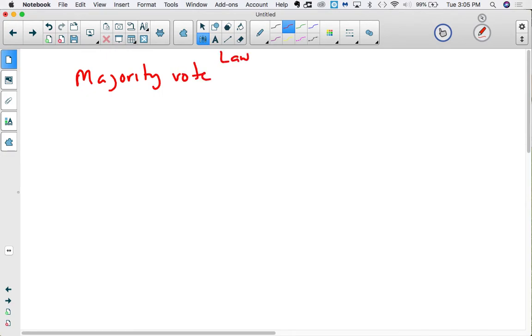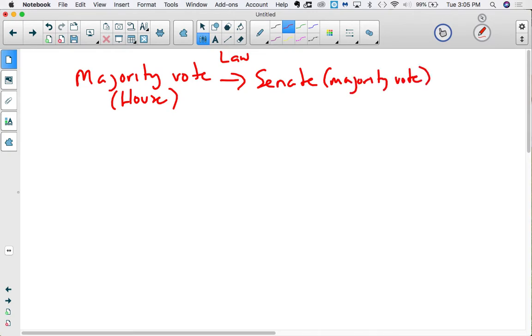Let's say this one starts in the House. It then goes to the Senate. It can start in either, unless it's a tax law. A tax law must start in the House. Then it just goes to the other one.